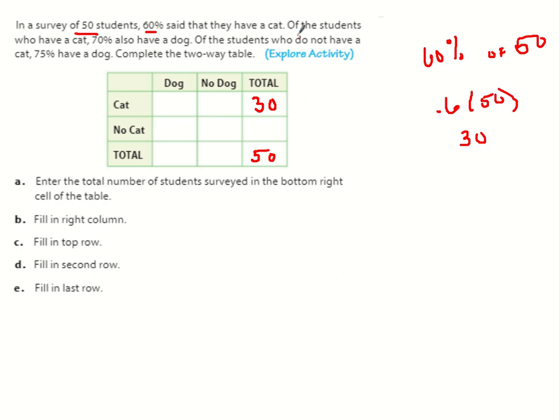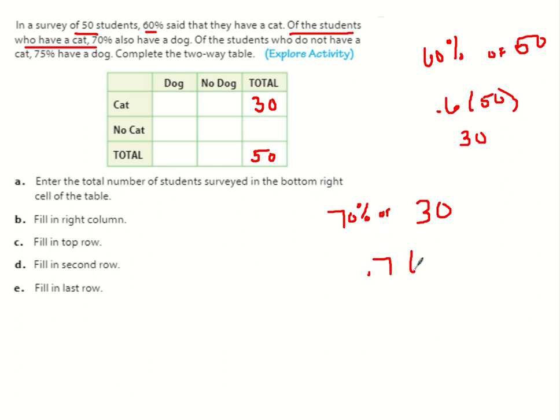Of these 30 students, so of the students who have a cat, 70% also have a dog. Because it says of the students who have the cats, I'm only looking at this number of 30. So of all these kids, 70% have a dog. So now I have to figure out what is 70% of 30.